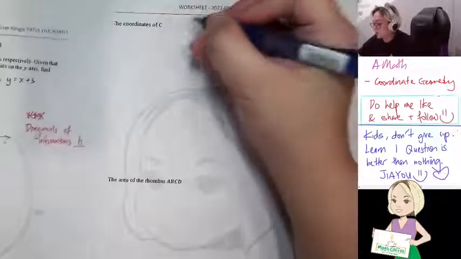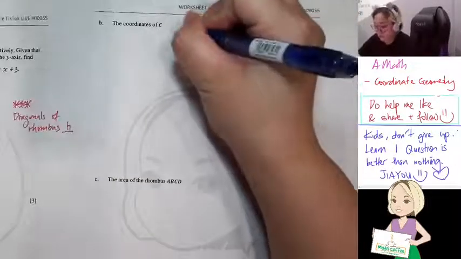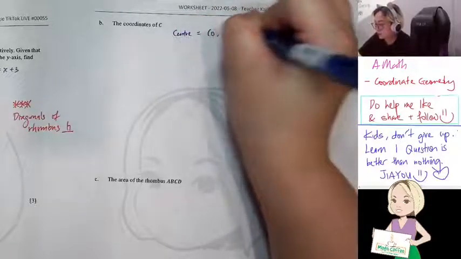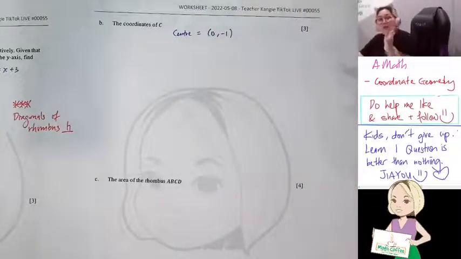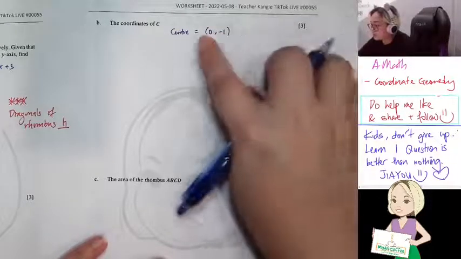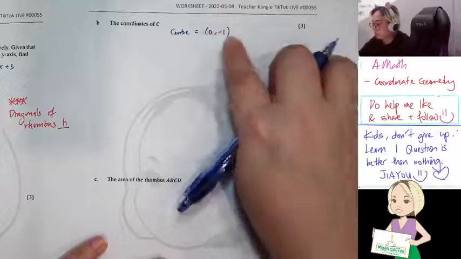So I will say here, okay, center is equal to 0, negative 1. Because it's on the y-axis, the x-coordinate is 0. And because the y-intercept is negative 1, the y-coordinate of the center is negative 1. So we know center is equal to 0, negative 1.